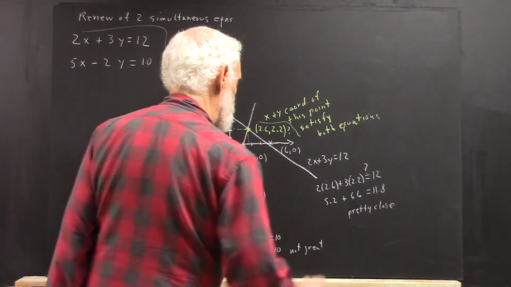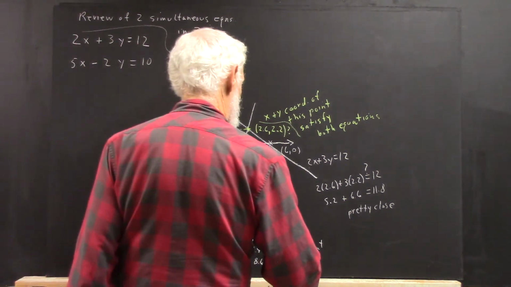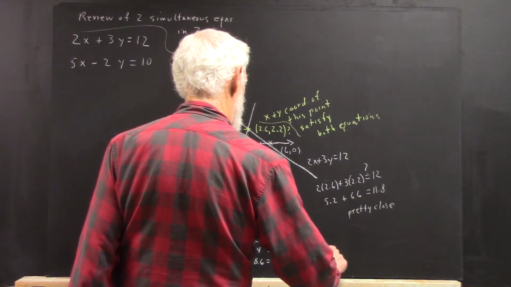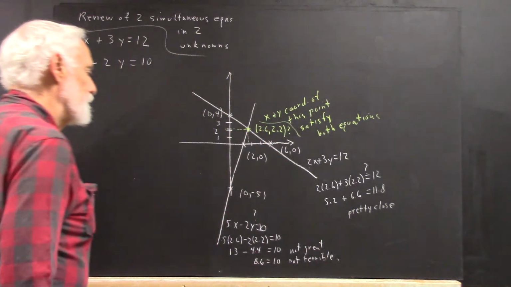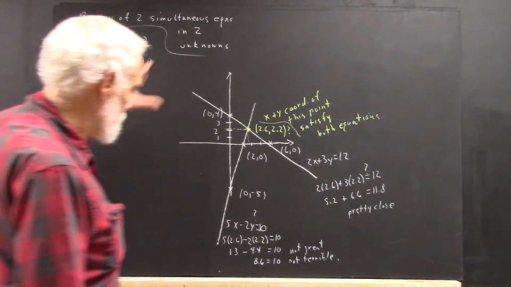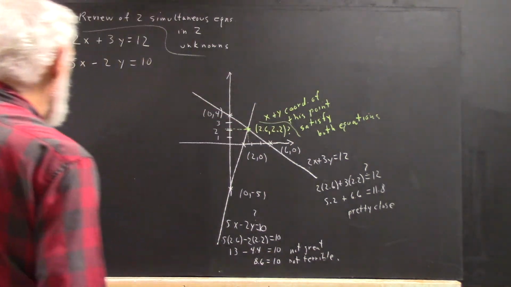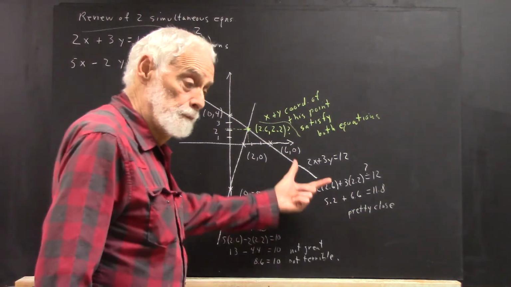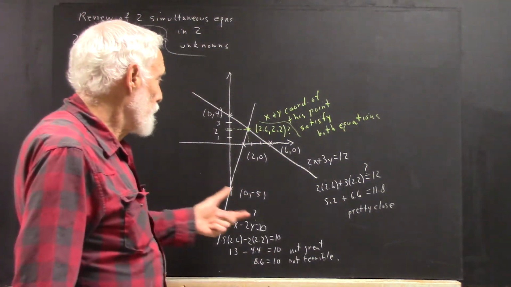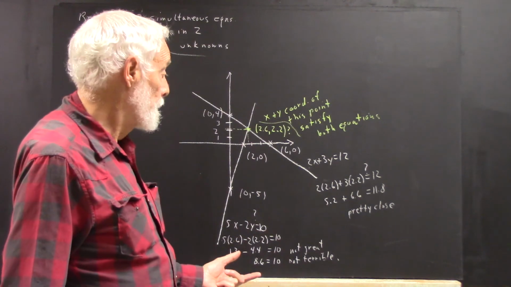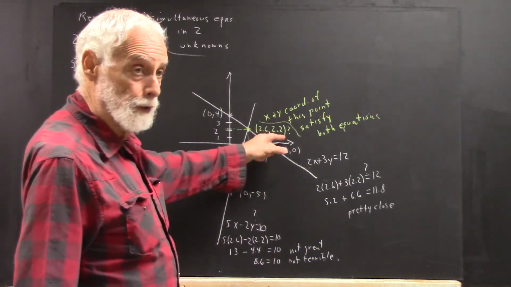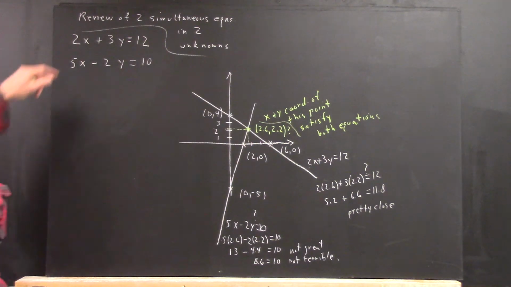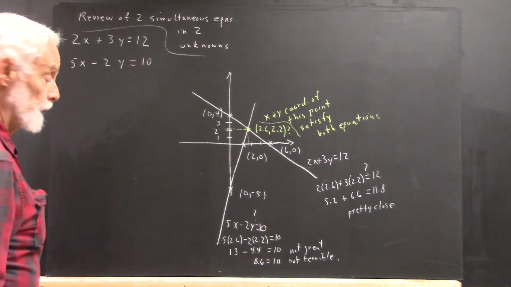Which is not great, but not terrible, considering the hand-drawn graph and the perspective I have on the board and stuff. Okay, that's all good. We know that whatever the two numbers are, they're going to be pretty close to 2.6 and 2.2. Okay? Well, now let's go ahead and solve the system.